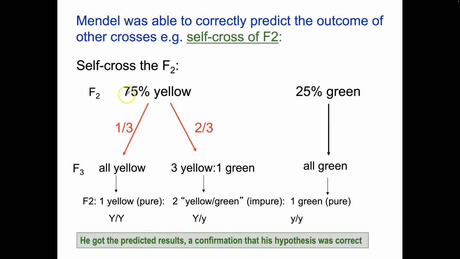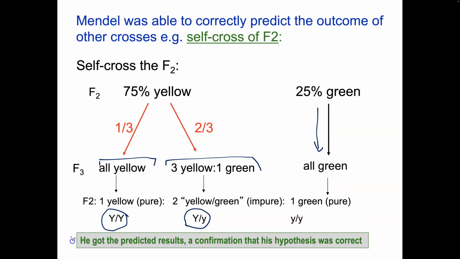So when he allowed those F2s to self-fertilize, he found that 1/3 of the plants gave rise to all yellow. 2/3 of the yellow plants gave rise to a 3-to-1 ratio. So he could then go back and claim, okay, those were heterozygous ones and these were homozygous ones. And then, of course, if you allow the green F2 to self-fertilize, they're homozygous, right? So you're going to get all green progeny.